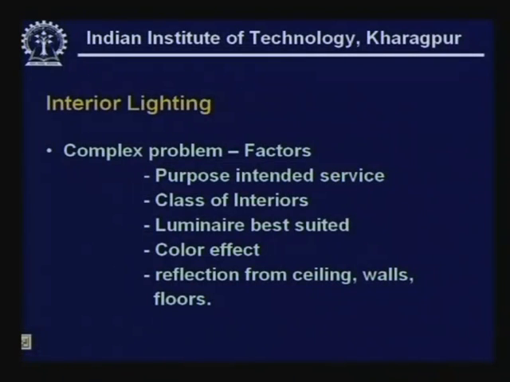This is where the interior surfaces come into picture. The moment we say interior, we have walls, ceiling, floor. So, where the light is absorbed, where the light is reflected, and how it is reflected.